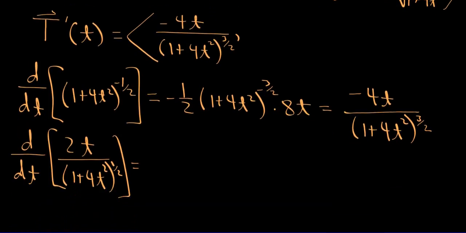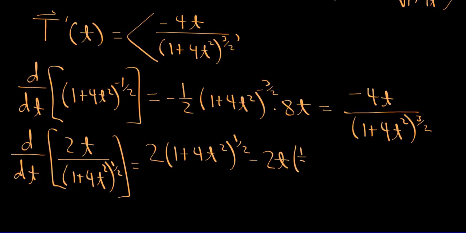Okay, so I'm just going to go very carefully here. I have the derivative of the top, which is just 2, times the bottom. Okay, there's that. Now, minus the derivative of the bottom times the top. So I'm just going to do minus, here's the top, and now I'll do the derivative of the bottom: 1/2, 1 plus 4t squared to the negative 1/2 times 8t.